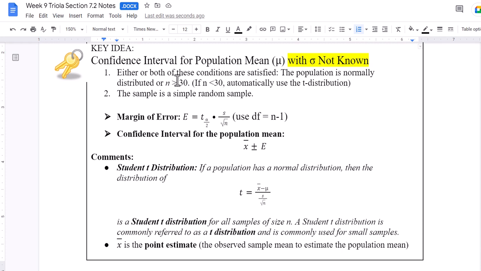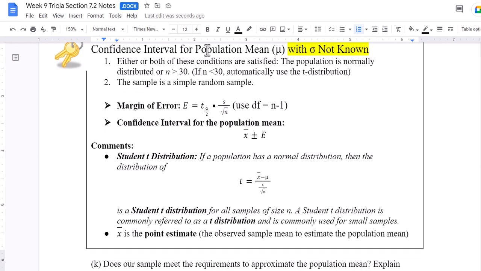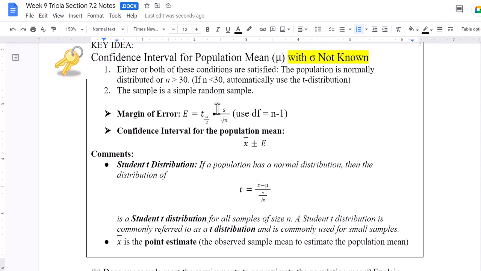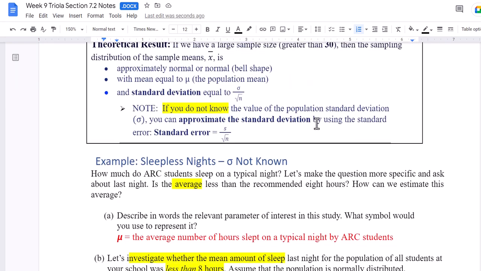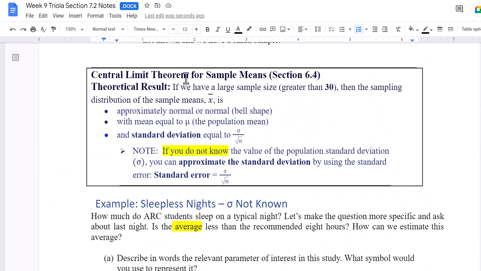Here, because we are greater than 30 and the population is normally distributed, we're using the t critical value because we don't know sigma. But from the central limit theorem, we can approximate the standard deviation using s divided by the square root of n. So I'll bring you back to that summary of the central limit theorem.